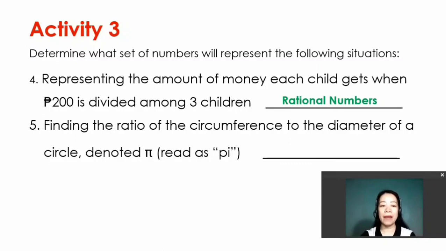And number 5, finding the ratio of the circumference to the diameter of a circle denoted pi. So the answer is irrational numbers.